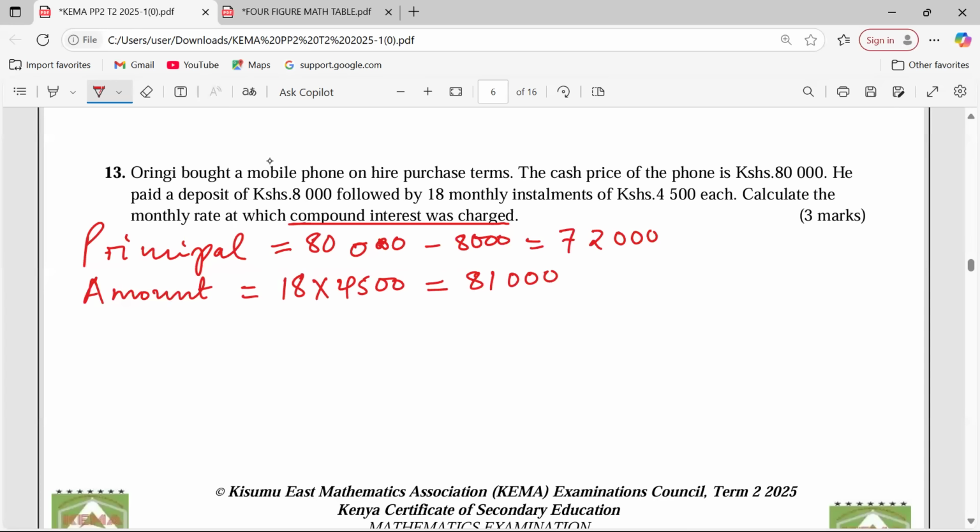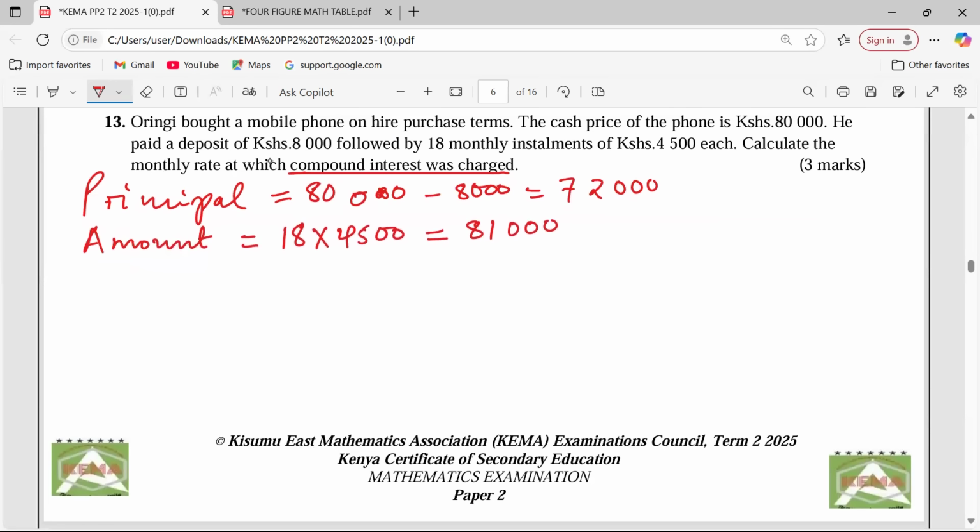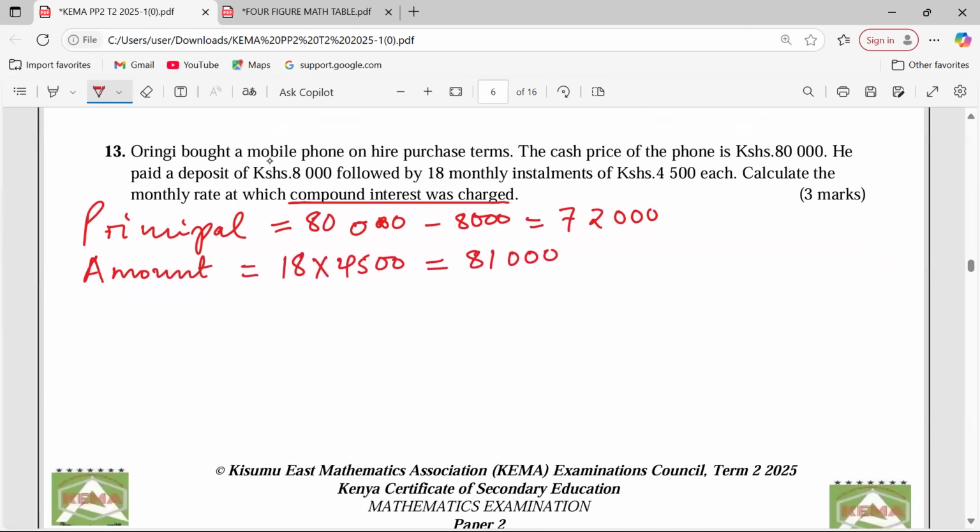So we have the amount and we have the principal. Now we can find the rate by saying that amount when interest is compounded is usually given by principal times 1 plus a known rate over 100 raised to n, the number of interest periods.